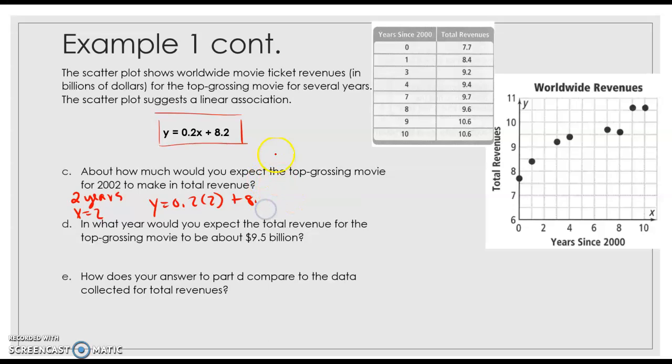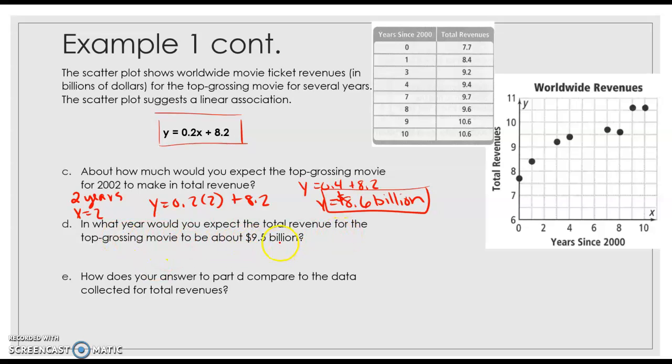We are wanting, there we go, 8.2. So then I would end up with y equals 0.4 plus 8.2. So then y would equal 8.6. So we would expect approximately $8.6 billion. So that's our approximation.